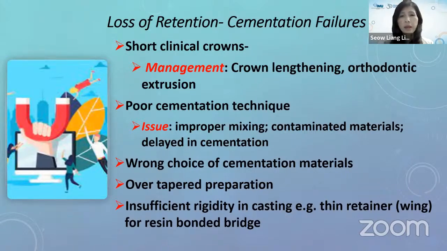It can be either selective etching and then you use non-rinse dentin bonding agent. So you need to really understand the cements that you use to maximize the adhesive outcome.